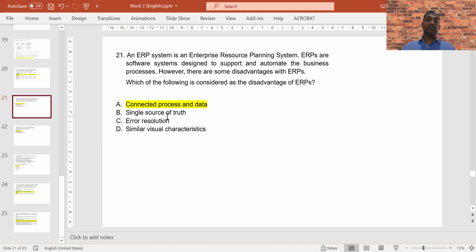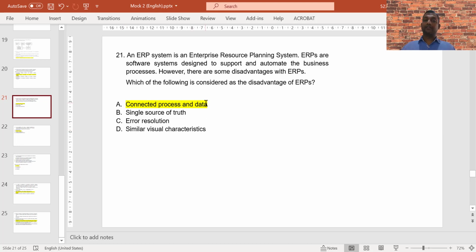Error resolution is also an advantage because the data is at a single place, so we can find the errors easily and fix them. Single source of truth is the centralized data storage concept, of which error resolution is a sub benefit. So B, C and D are all advantages.